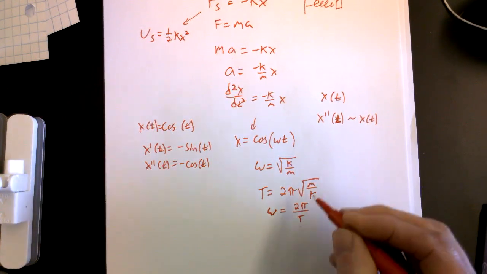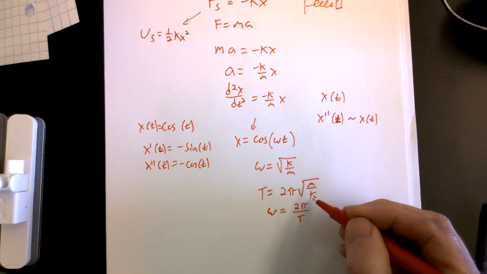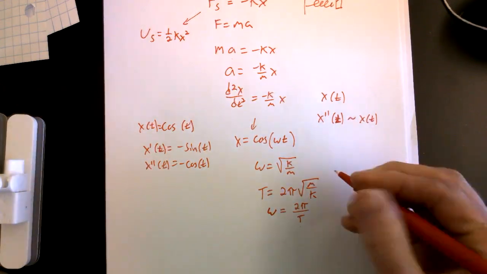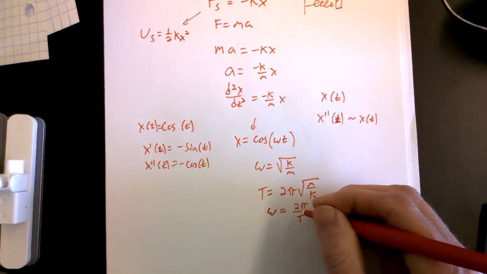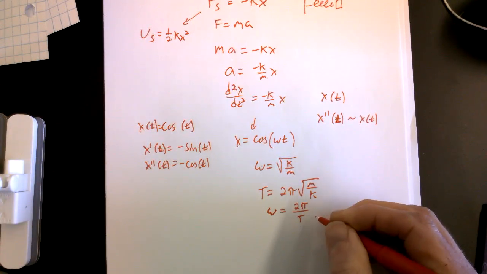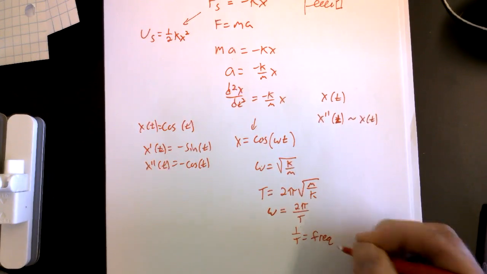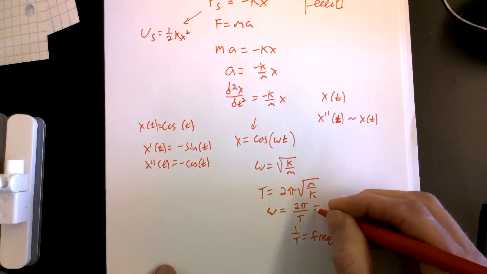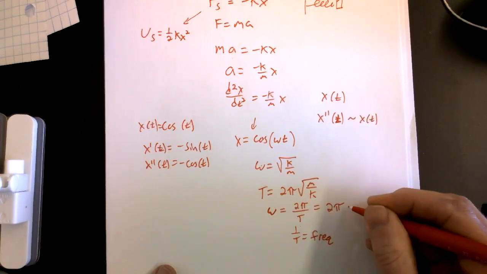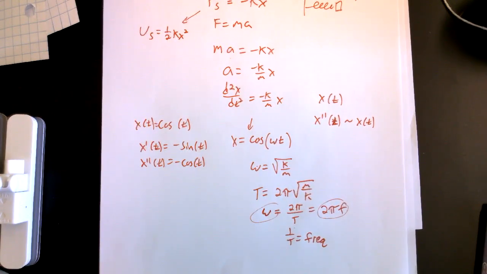If I take 1 over the period and multiply that by 2 pi, I'll get the square root of k over m. These will flip over, right? So omega is 2 pi times 1 over the period. 1 over the period is the same thing as the regular frequency in hertz. So this turns out to be 2 pi times the frequency, and that's why we call it an angular frequency.